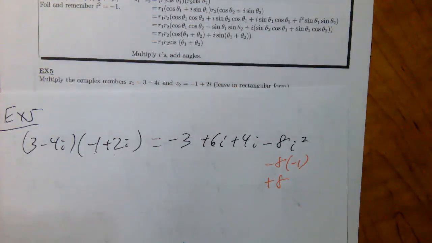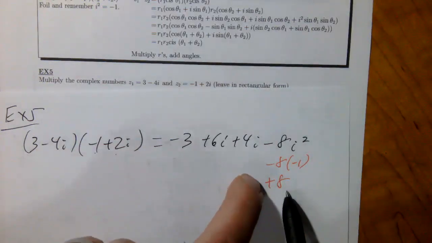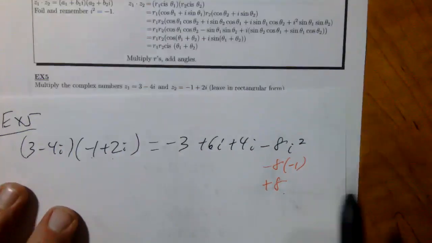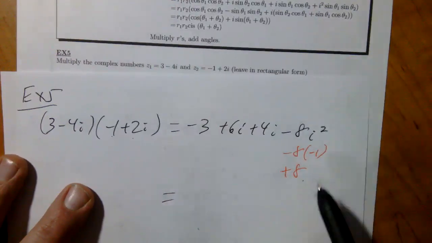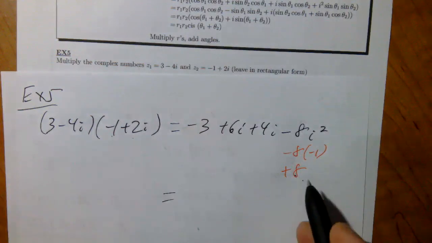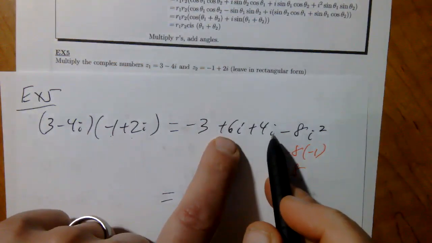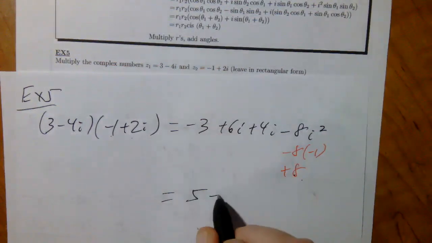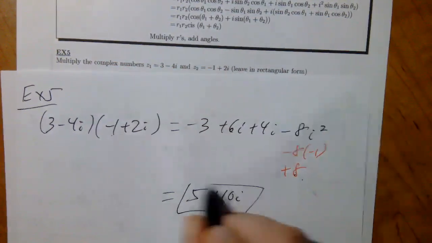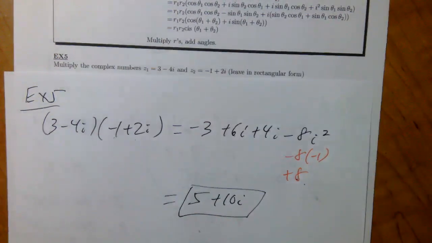That's ultimately why we can't ignore imaginary numbers, because imaginary can turn into a real number. Now you can add like terms. The -3 plus 8, the real parts, leaves you with 5. And the imaginary parts, 6i plus 4i, give 10i. And there you go, in the usual a plus bi format.